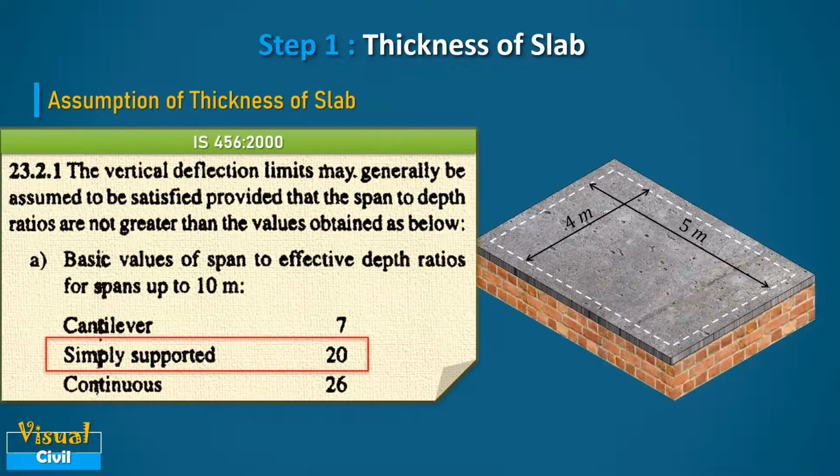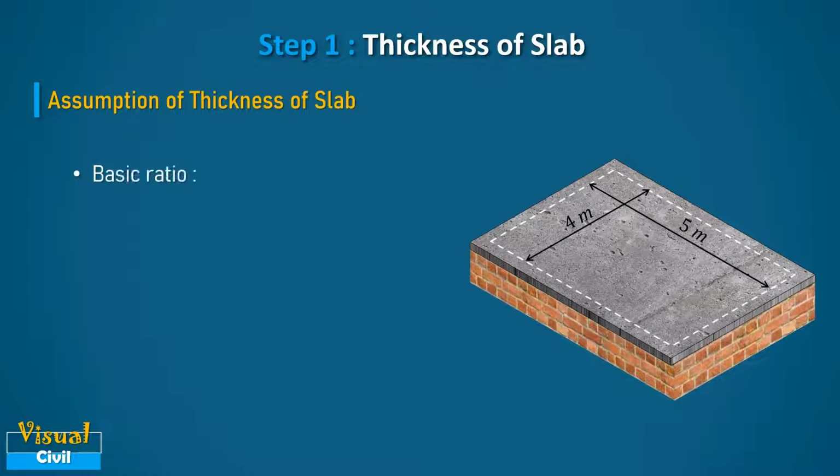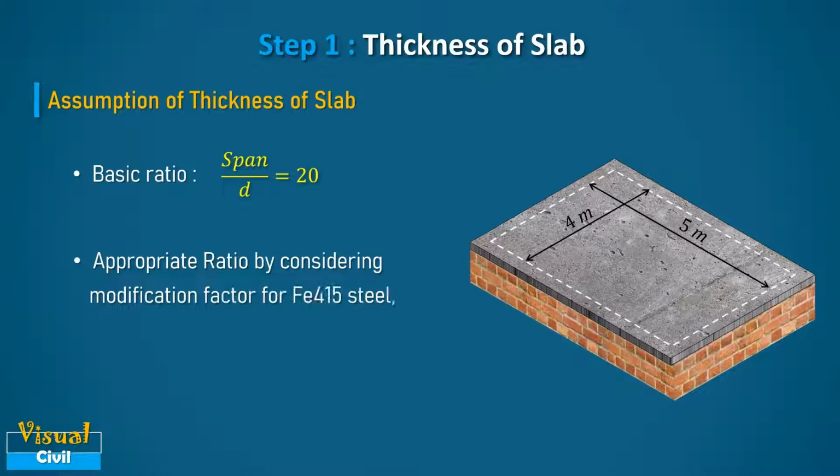As per this clause, the span to effective depth ratio for the simply supported slab is 20. Since the percentage of reinforcement in slab is generally low, in the range of 0.3 to 0.5%, a span to depth ratio of 25 to 30 is more appropriate by considering the modification factor for Fe415 steel. So consider the span to depth ratio equal to 30.